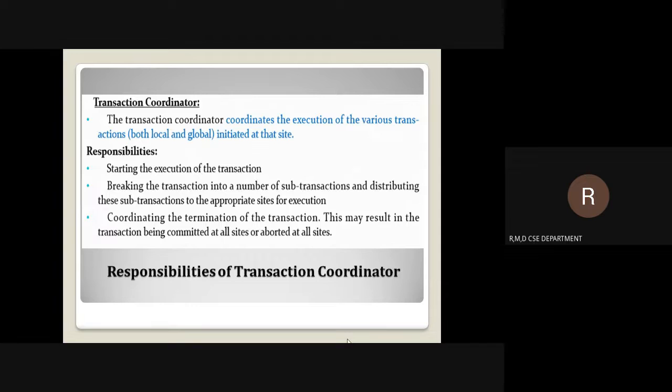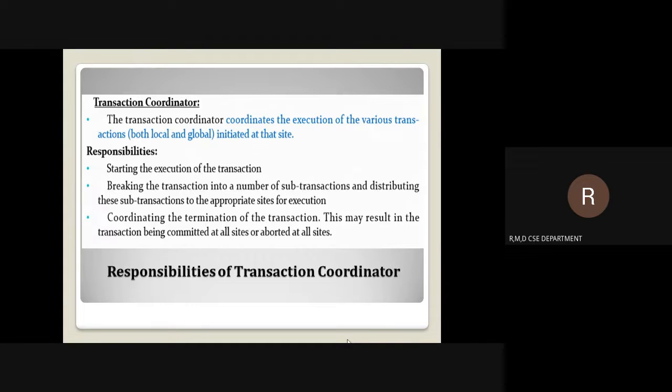The responsibilities of the transaction coordinator are to start the execution of the transaction, to break the work done by the transaction into a number of sub-transactions, and to distribute the sub-transactions to the appropriate sites that contain the data.